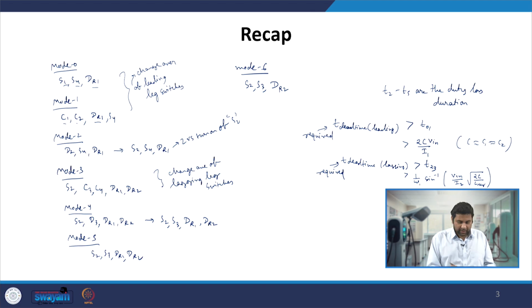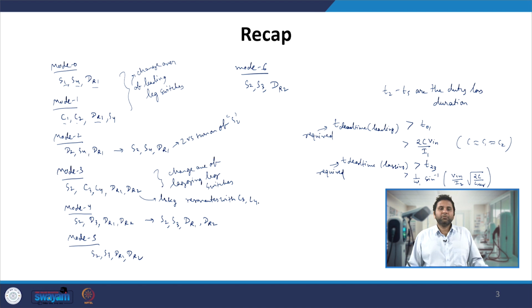That is when both DR1 and DR2 start conducting, and as a result the secondary side of the transformer is completely short circuited. That means the primary side voltage is also 0, and all of VAB comes across L leakage, as a result of which L leakage resonates with C3 and C4.